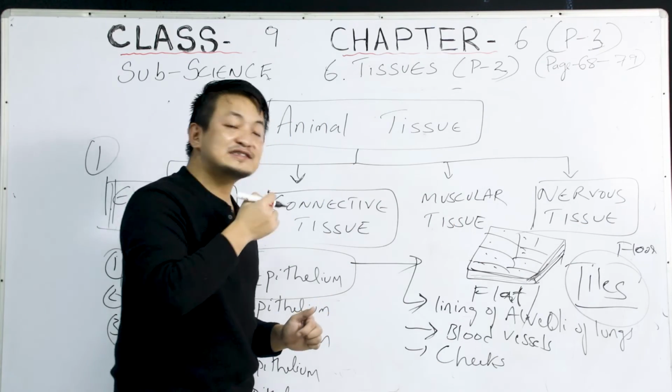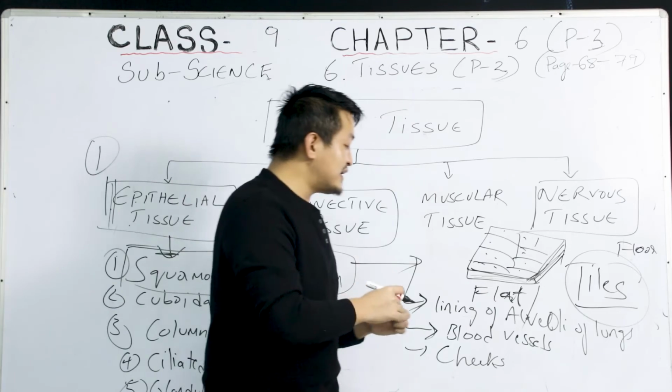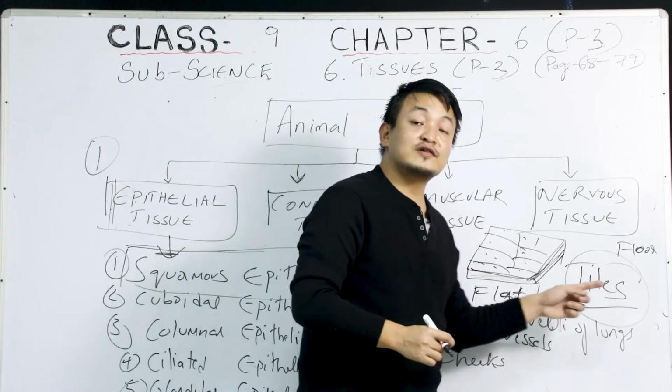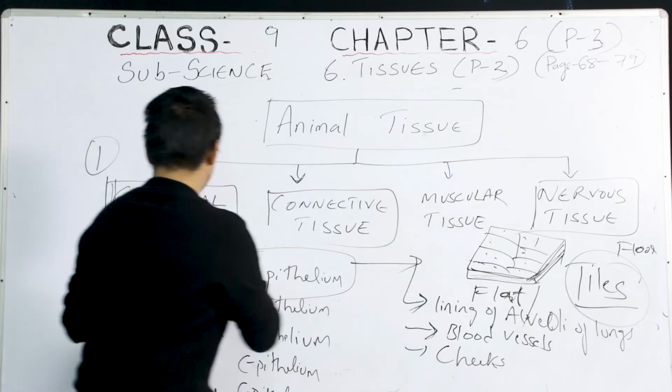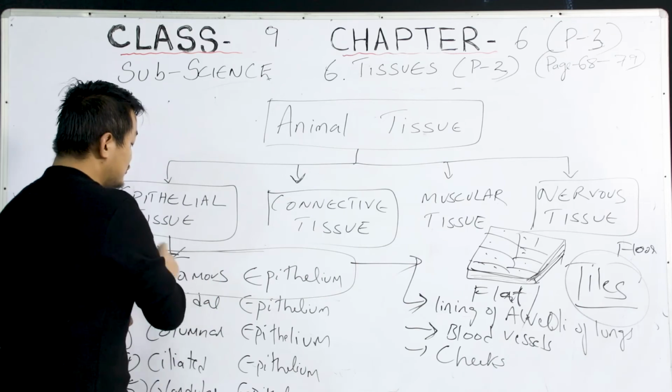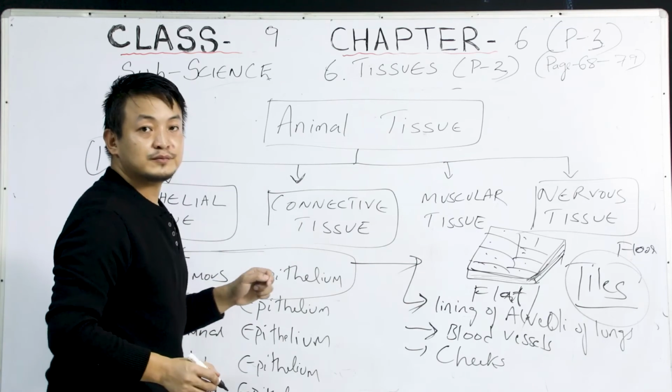So all this lining in the cheeks, in the blood vessels, in the lining of alveoli of lungs, these are squamous epithelium.